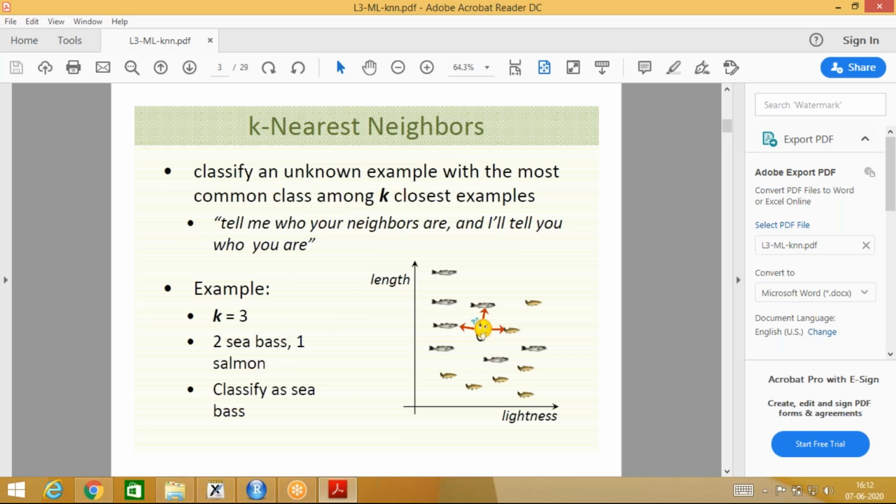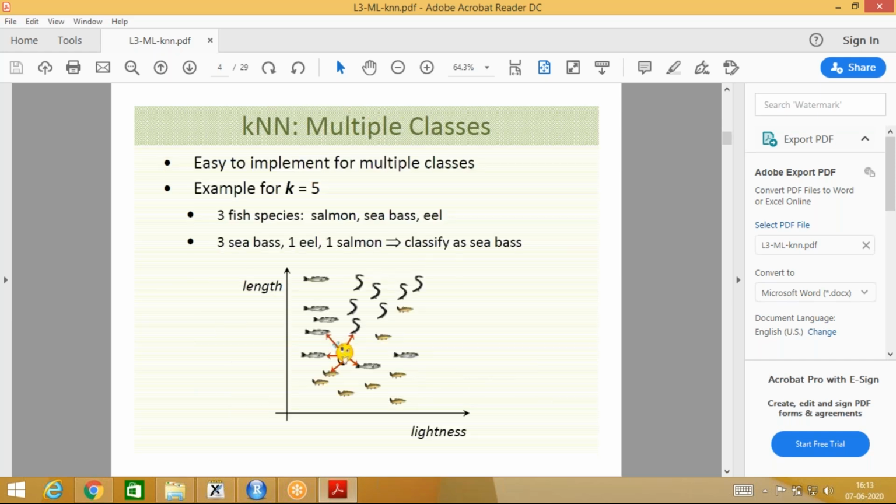Saying this is very easy, but there are quite a few questions that come up. The first question is how to decide this K, whether I will take 3 nearest neighbors or 5 or 7, because if I increase the number of neighbors, then it will change.